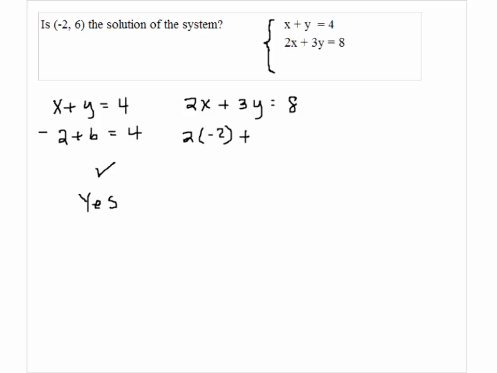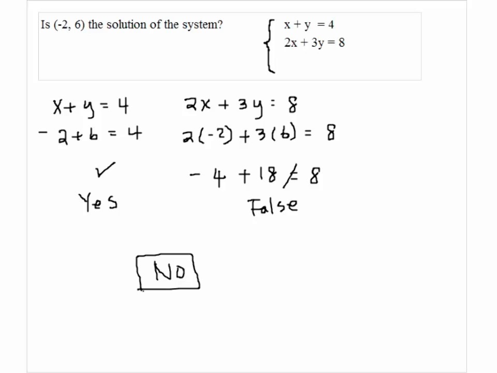So 2 times negative 2 plus 3 times 6 equals 8. Negative 4 plus 18 equals 8, which is a false statement. Since at least one equation is false, the answer is no. For a point to be the solution of the system, the point has to make both equations true.